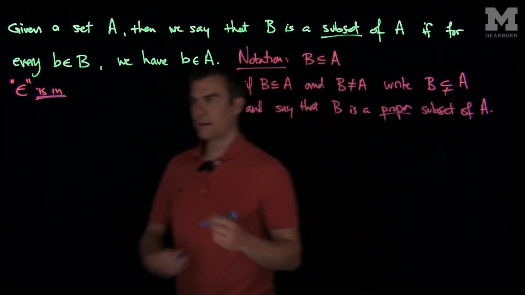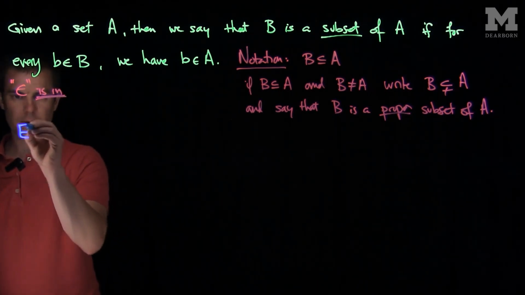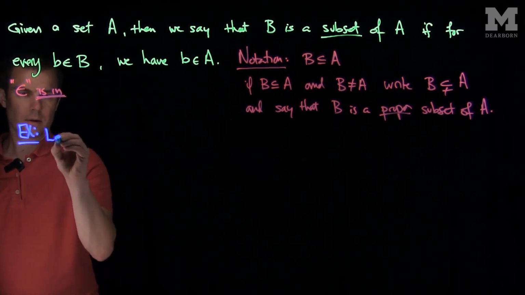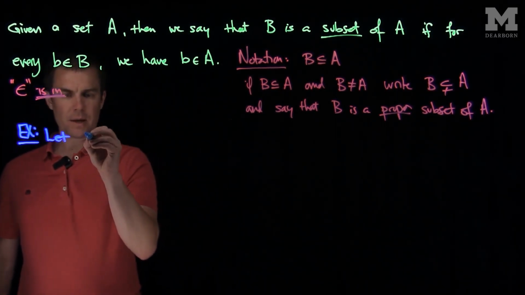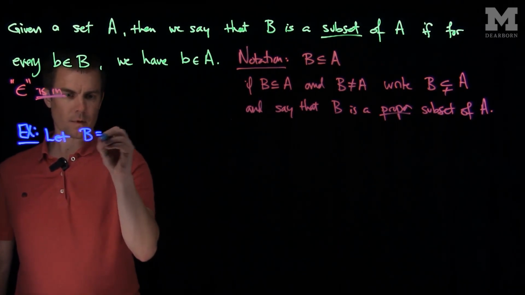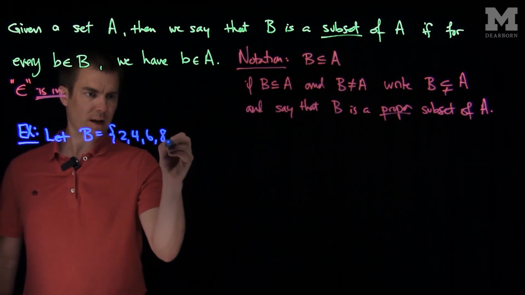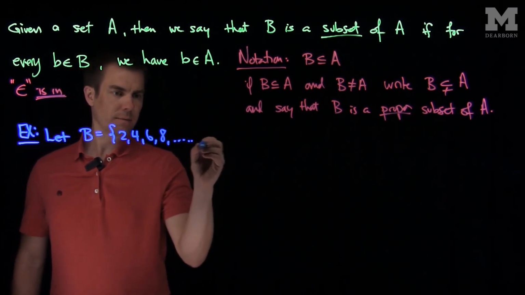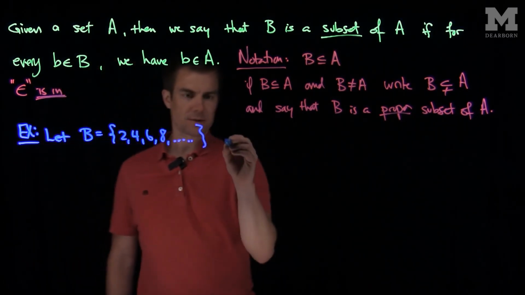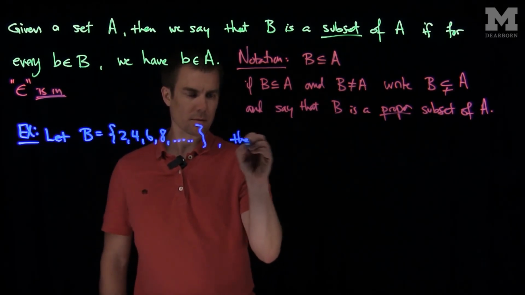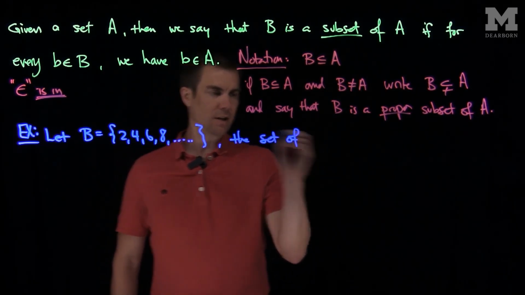So let's let B be the set 2, 4, 6, 8, etc. Namely, B is the set of even integers.